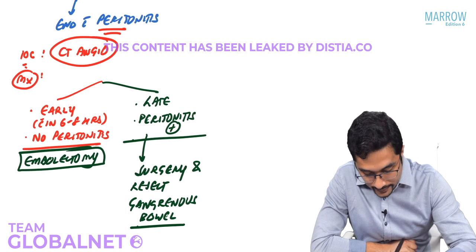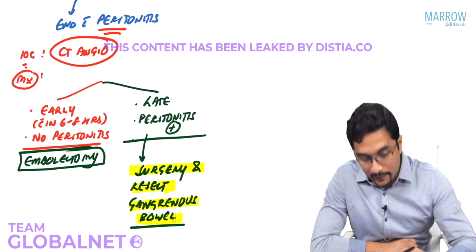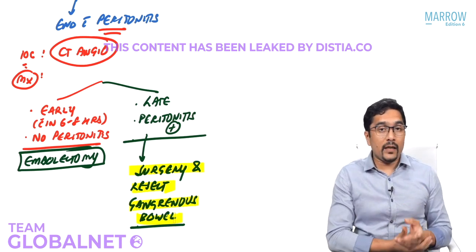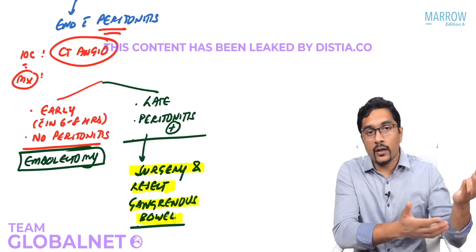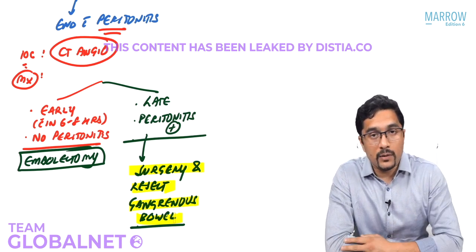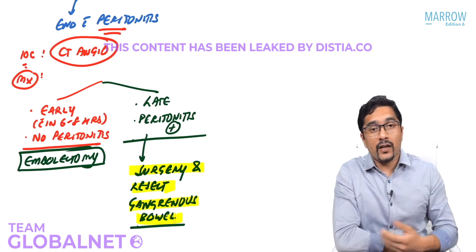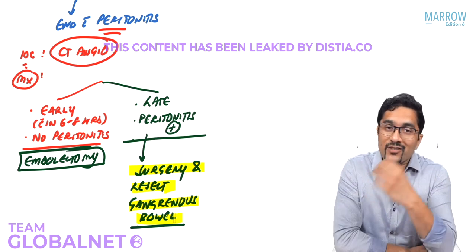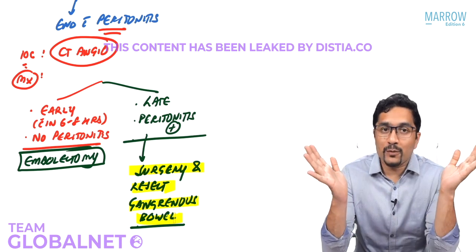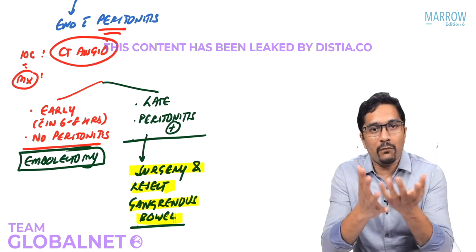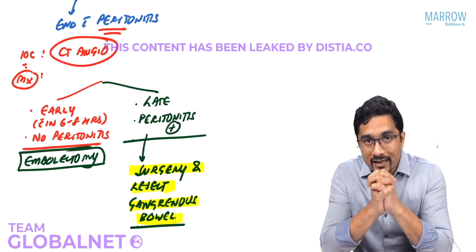Now, if you remember your anatomy, you know that the superior mesenteric artery supplies from part of the duodenum till the mid transverse colon, right? That is the supply of the superior mesenteric artery. Now, if the superior mesenteric artery gets blocked, such a large or variable portion of bowel can become gangrenous.